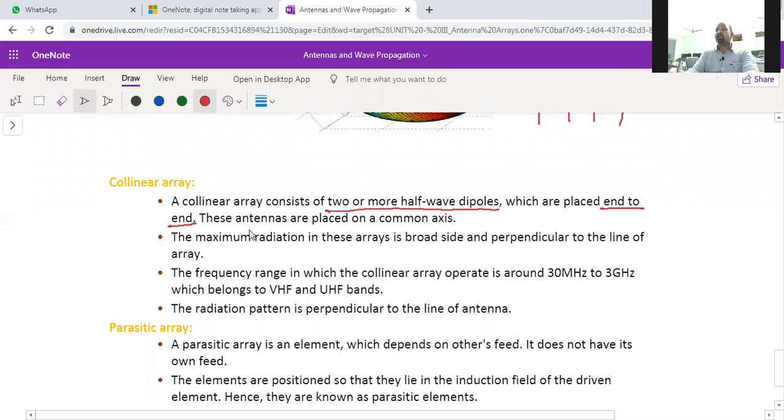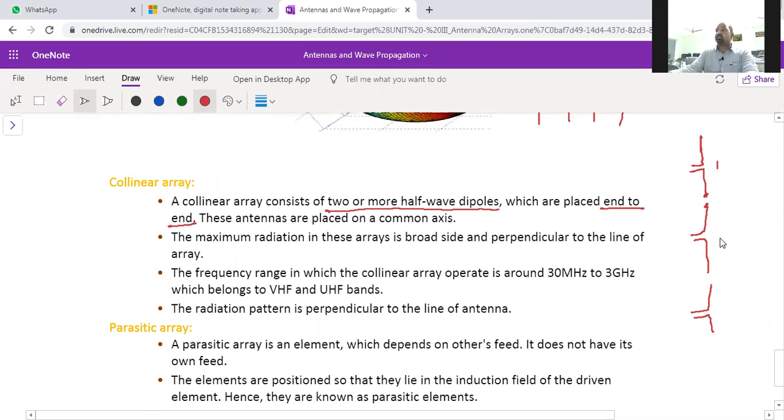For example, this is one antenna, antenna 1, and another antenna is connected like this, and another antenna is connected like this. So this is called end to end.